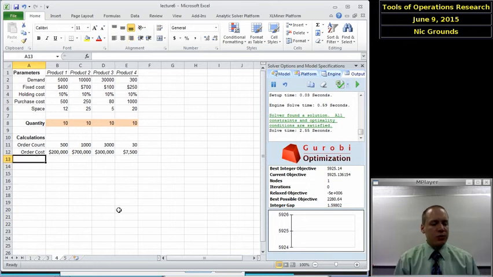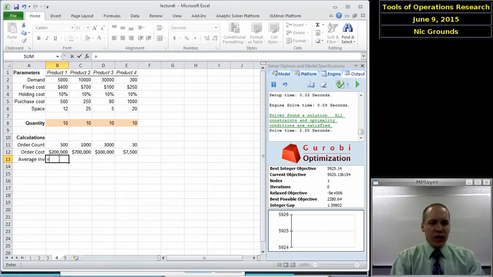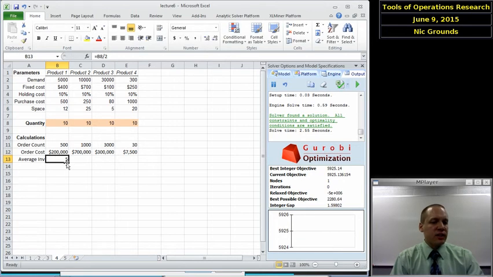The other thing I need to know is my inventory cost. So again, I need to know how many units of each product I have on hand on average. And if we assume we sell products at a linear rate, then we'll just say if we order 10 products at a time and only order more when we run out, the day we run out, then we'll have 10/2 or 5 products on hand on average.